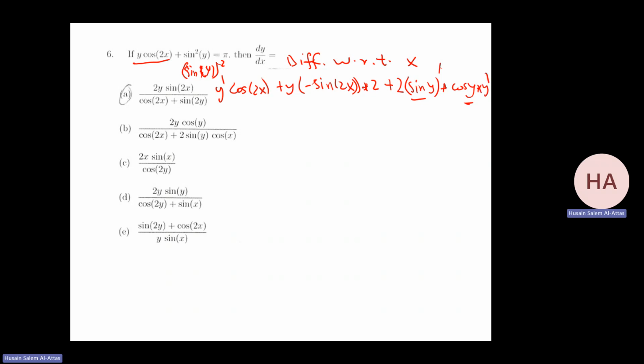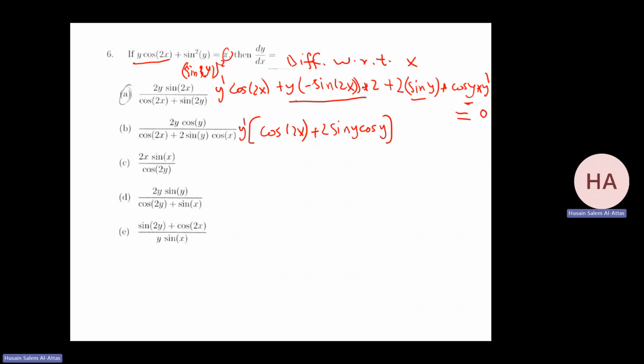Now, the things with y prime, take them to one side. The power 1, I don't need. So what I have is y prime times cosine 2x. And by the way, this equals pi. What's the derivative of pi? It is 0. So I have this plus 2 sine y cosine y.